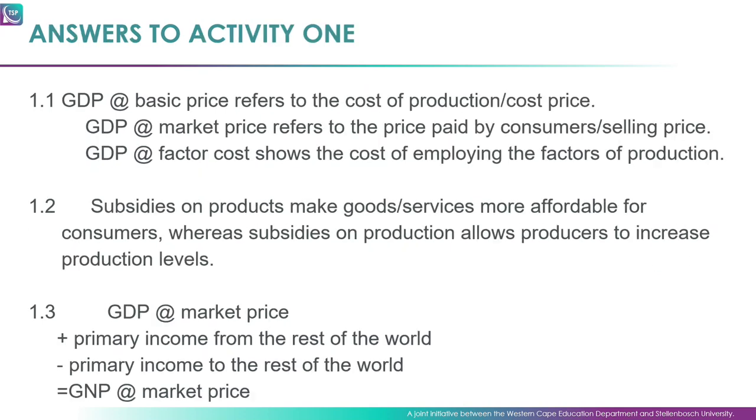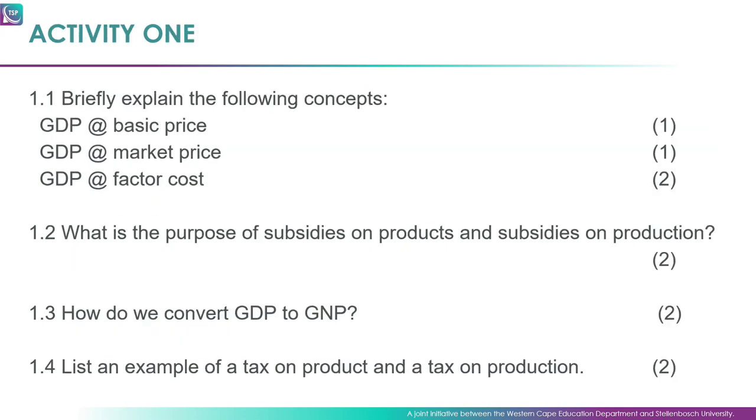Right, and then the other important thing obviously is this question here, the conversion of GDP to GNP. Oh, I think we forgot this last one here, 1.4, the example of a tax on product and a tax on production, right? For a tax on products, I said there are three that you could mention. We have VAT, we have import duties, and we have sin taxes or excise duties.